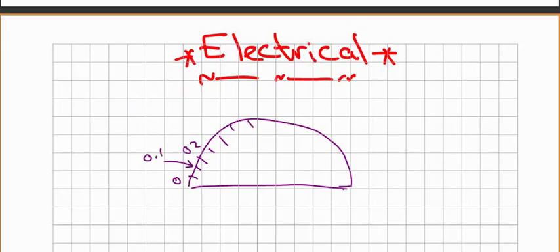If for any reason the pointer is given between the two marks like this, this means your reading is midway between 0.1 and 0.2. So in this case, you can write it as 0.15. If you have to plot a reading, just plot it with a straight line using your ruler, and it will be the same idea. Just extend the line to the suitable position, either on an exact division or in between two divisions.